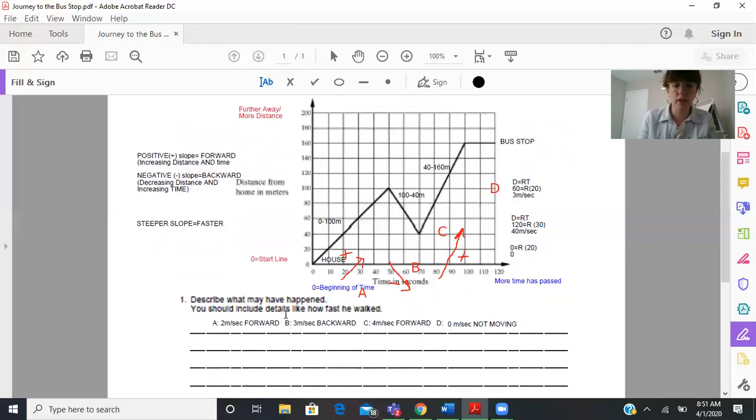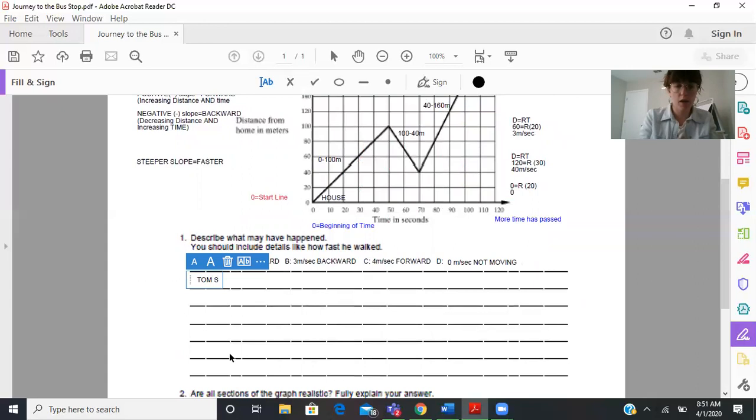So my story I could write would be that Tom starts at his house, which is 0, and walks 100 meters at a speed of 2 meters per second.